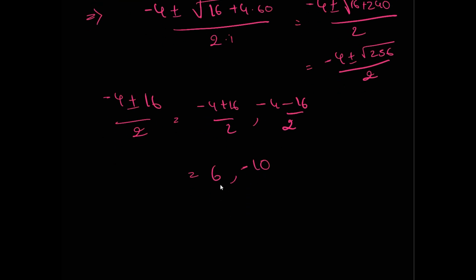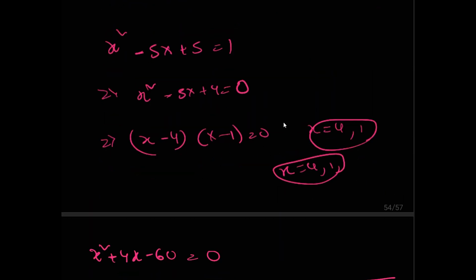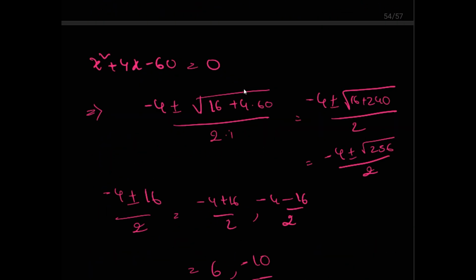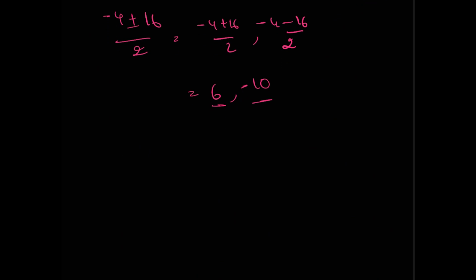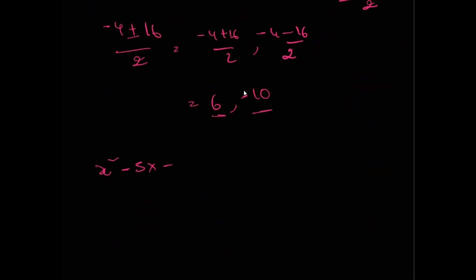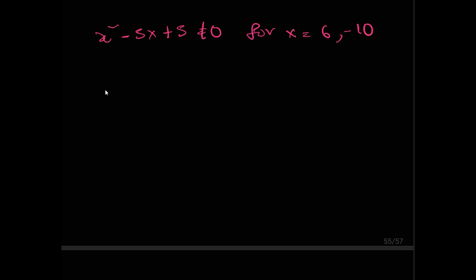Now we will substitute 6 and minus 10 in this part. x square minus 5x plus 5 should be non-zero for x equals to 6 comma minus 10. Satisfies.